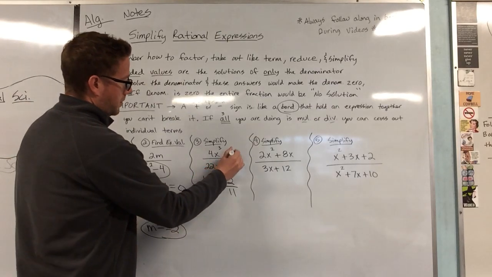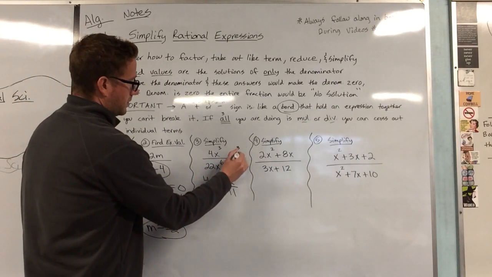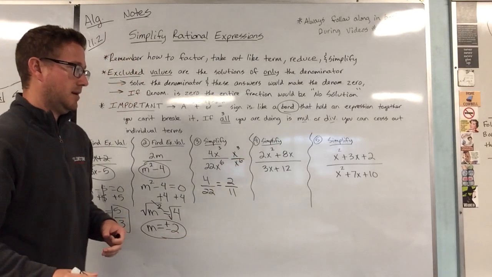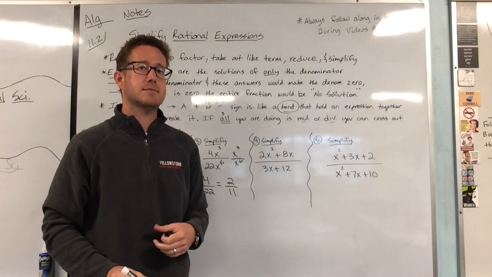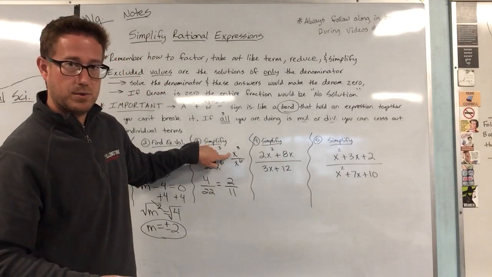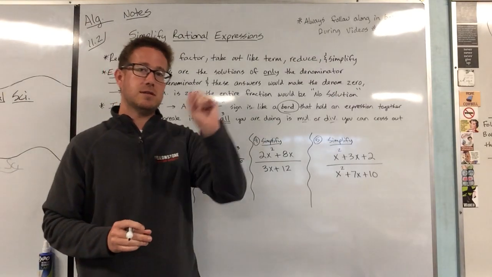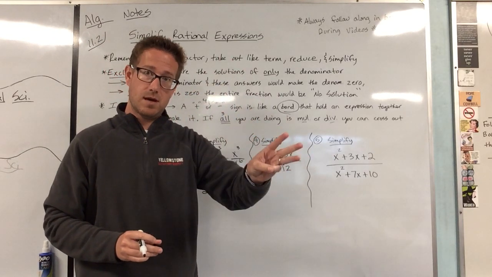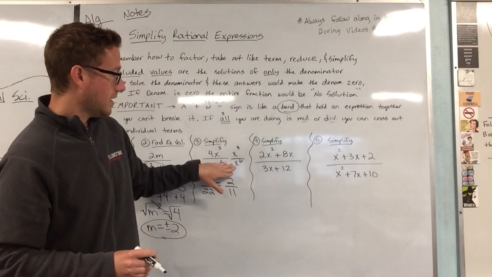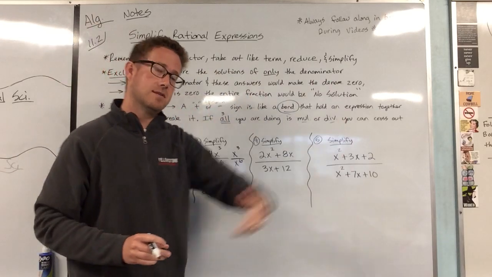Now let's look at this part. X to the 3rd over x to the 6th. Can I reduce that? Absolutely. I have 3 x's up here. X to the 3rd power means x and another x and another x. I have 6 x's down here. X to the 6th power means I have 6 of them.